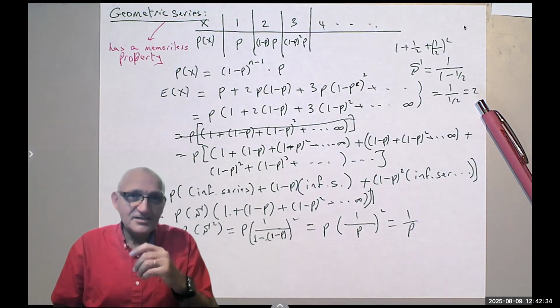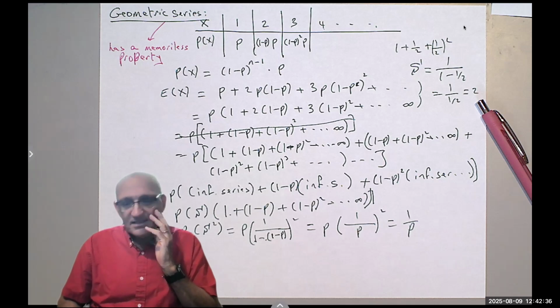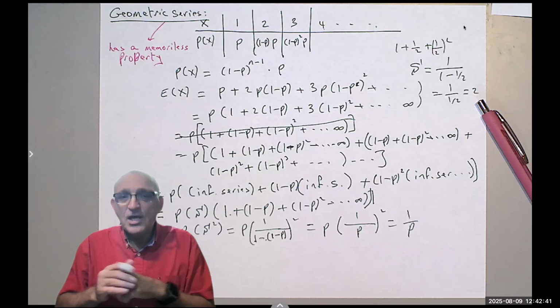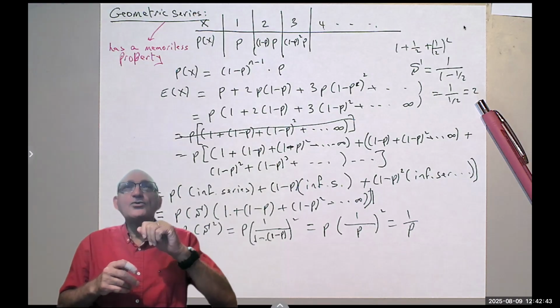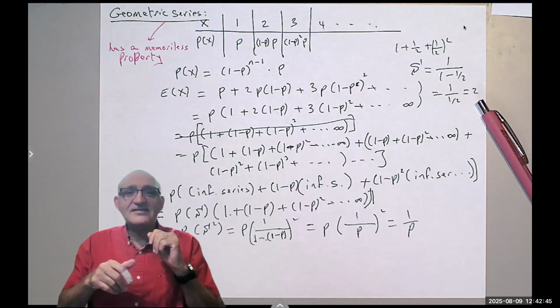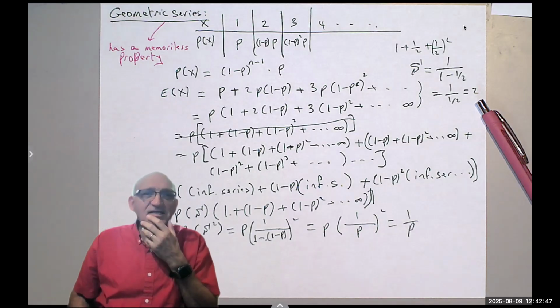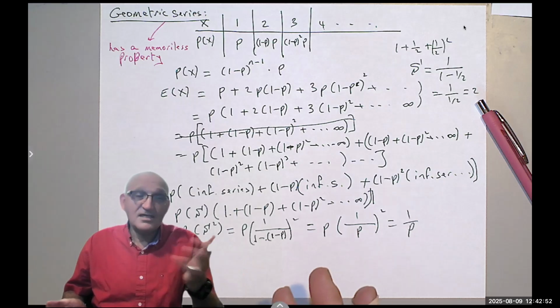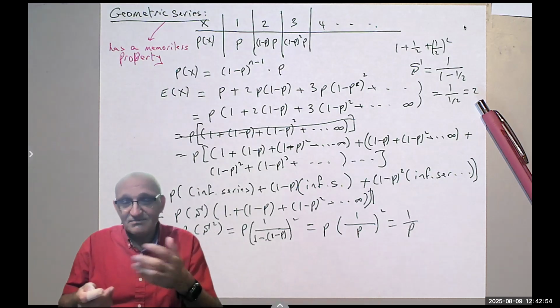What is the probability that you get a success on your first trial? It's 1/2. But what if I tell you I tossed a coin the first time and got a tail? What is the likelihood that I will get a head the next time? Isn't it still 1/2? Yes, unless the coin is biased, right?